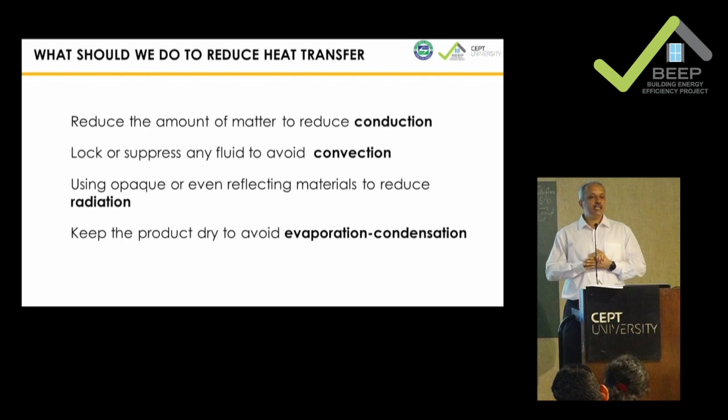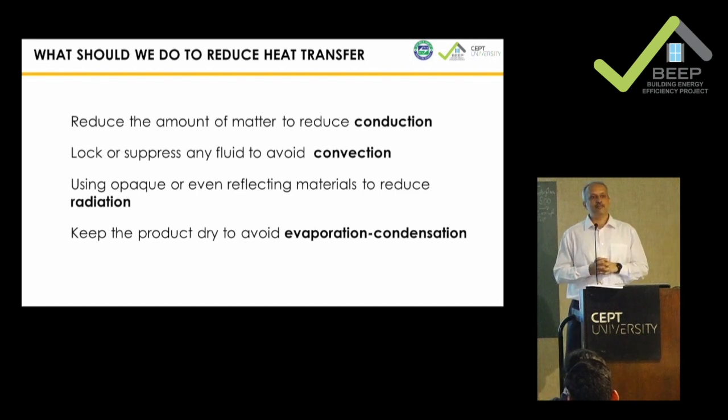And we need to somehow balance between these two. There is no silver bullet. If you apply insulation and think everything is finished, then you are probably going to make a building which will function well only if it's a completely air conditioned building. Towards the end of this lecture, I'll talk about how that is going to happen. But the point I'm trying to make is that our focus should also be on how you are going to operate your building.